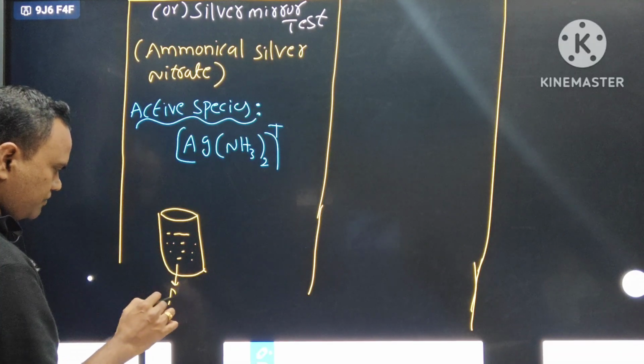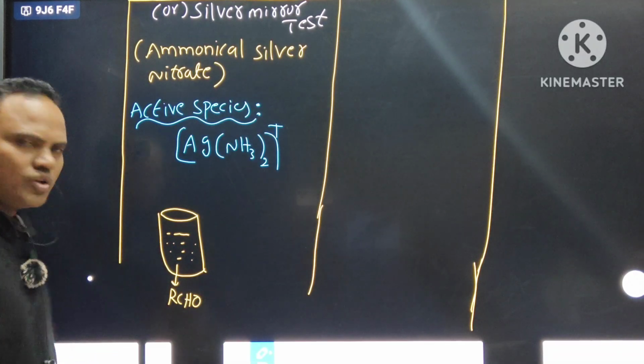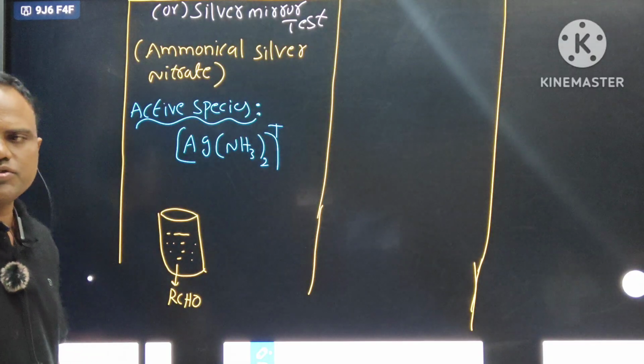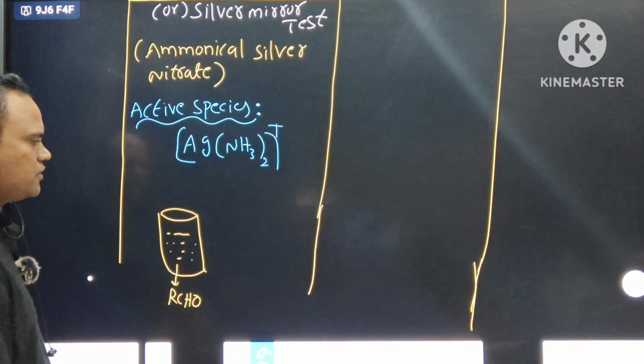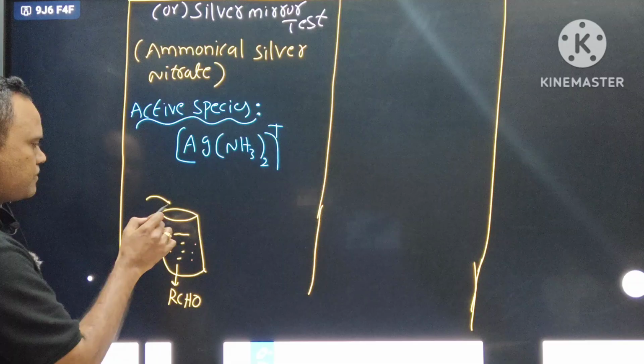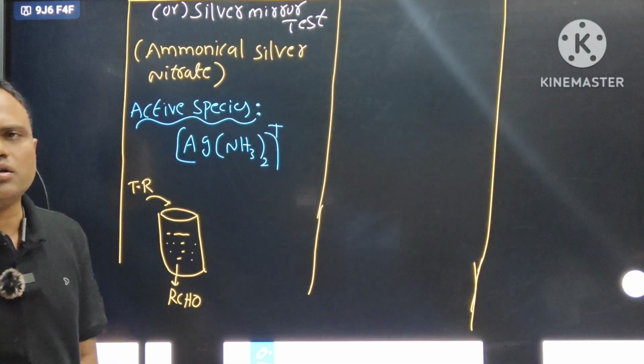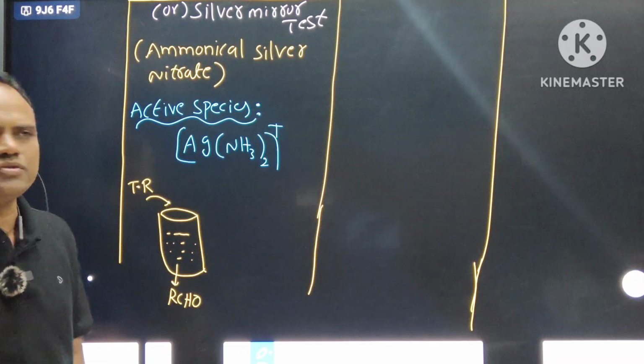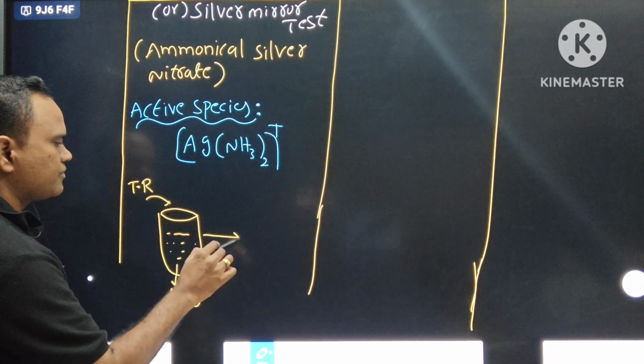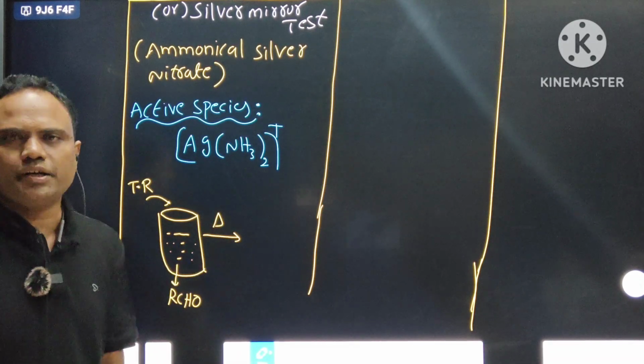This is aldehyde. In the test tube, you are taking aldehydes. You are adding Tollens reagent and heating.